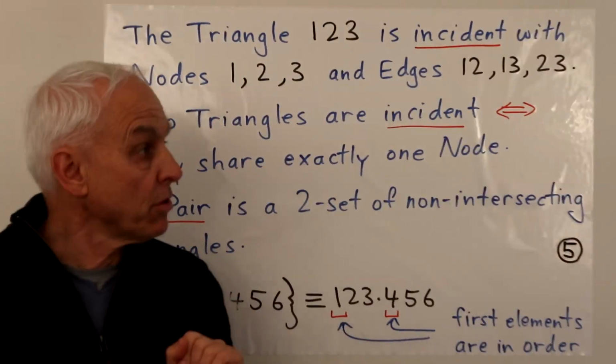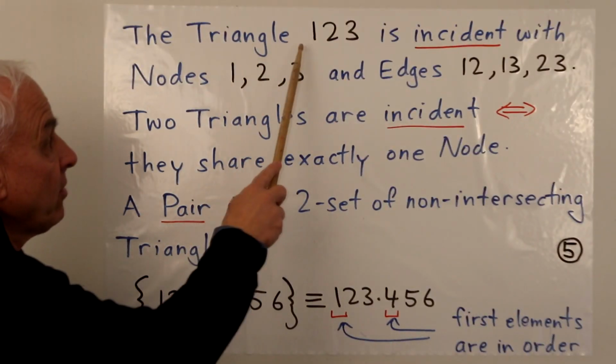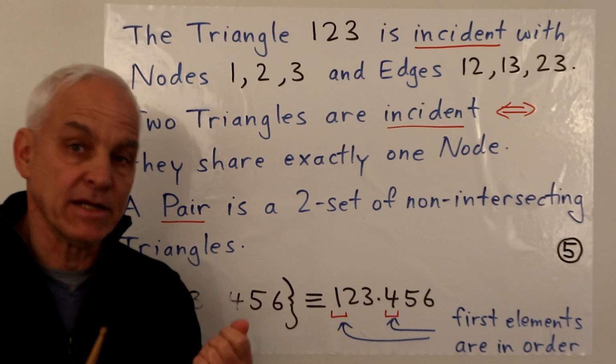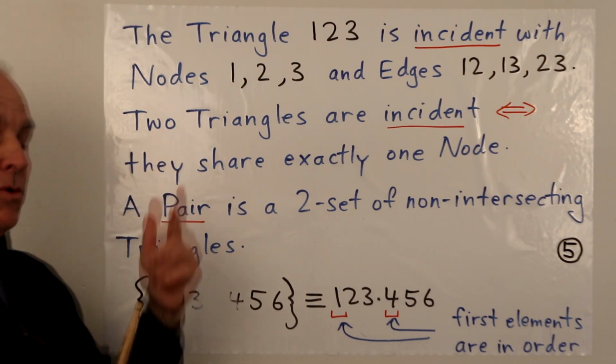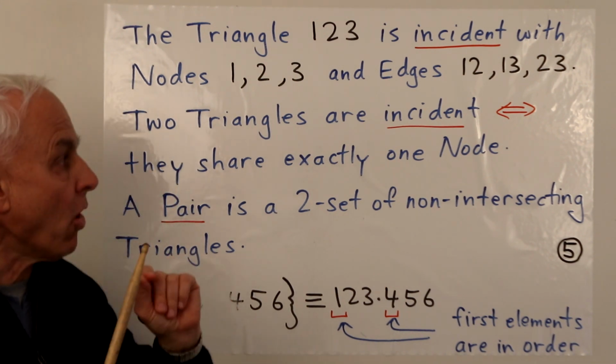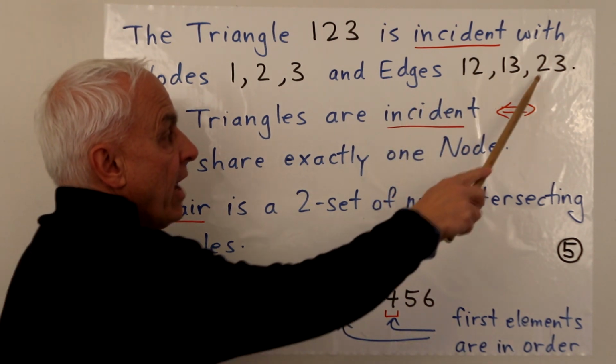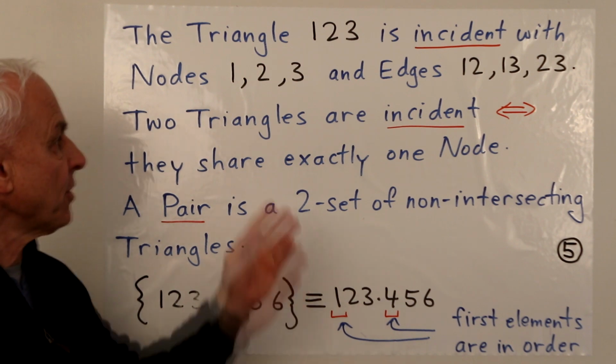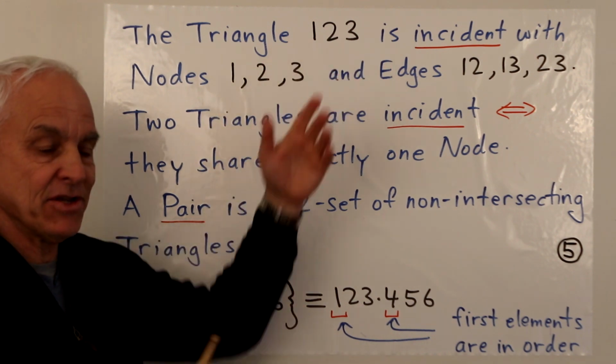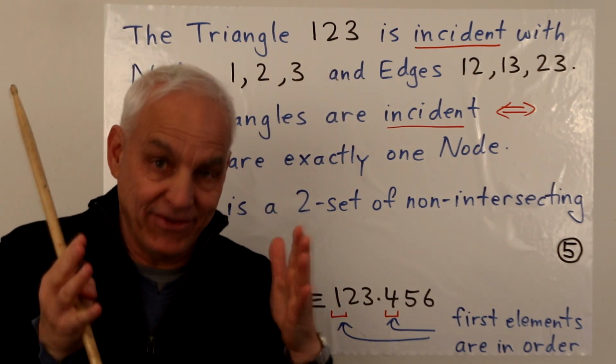A bit of additional notation. We'll say that a triangle, say 1, 2, 3, is incident with the nodes 1, 2, and 3, and that it's also incident with the edges 1, 2, 1, 3, and 2, 3. So these are the nodes which are contained in this triangle, because after all, it's actually a set.